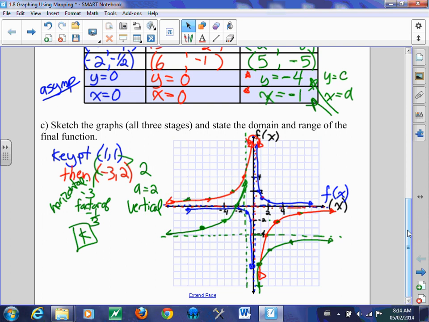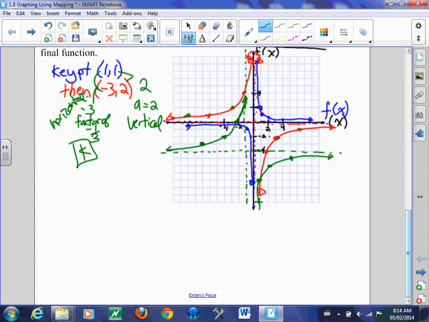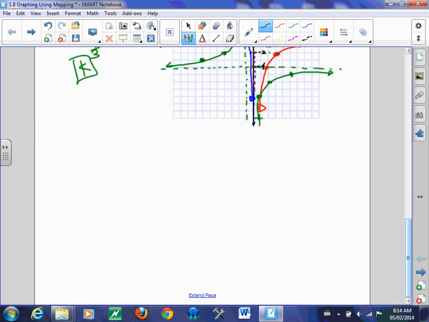So there, ladies and gentlemen, we have sketched all 3 graphs, and now all we need to do is state the domain and range of the function, of the final function, which is your stage 3. Okay? So just remember, if you're taking a look at just the parent function, for example, what's the restrictions on that, ladies and gentlemen?